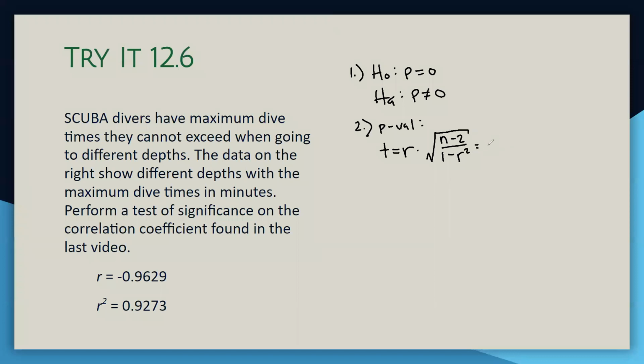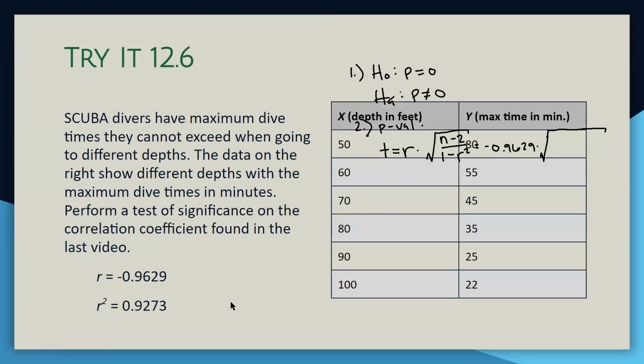So here our r is negative 0.9629. And then we have a square root. And it's going to be a little messy, bear with me, I'm going to pop that data table up again and count the number of rows. 1, 2, 3, 4, 5, 6.